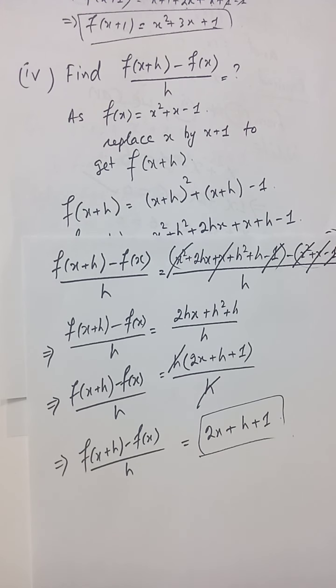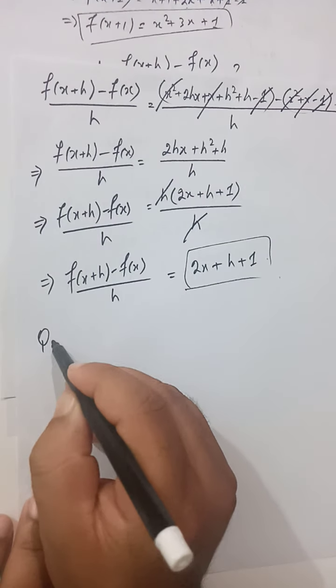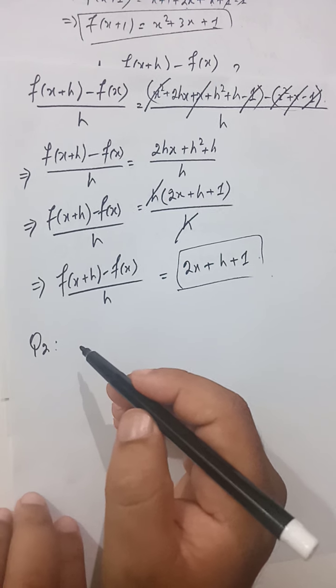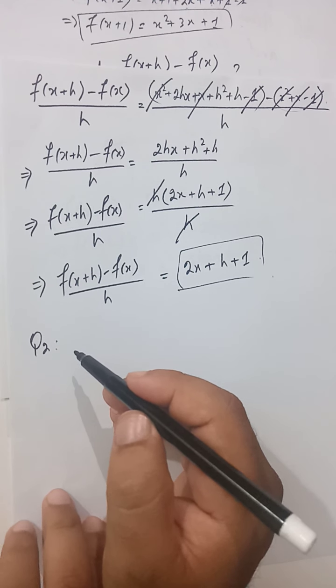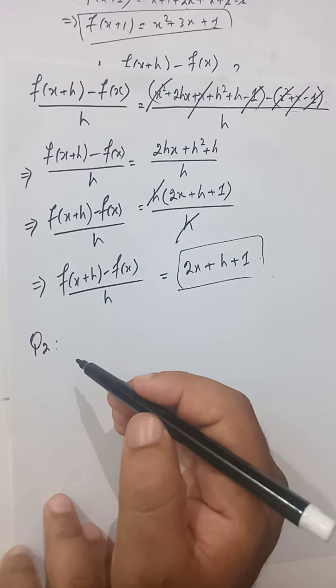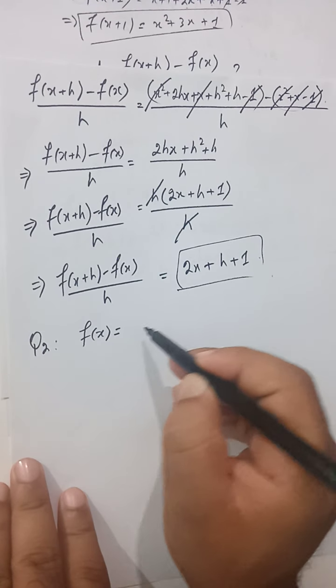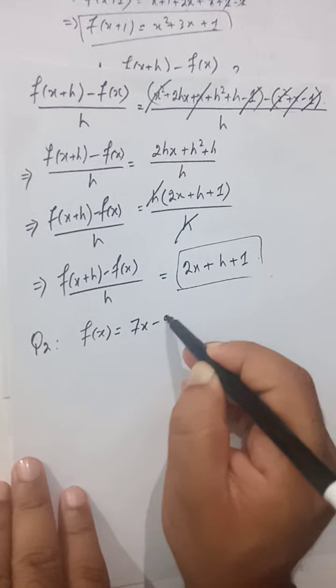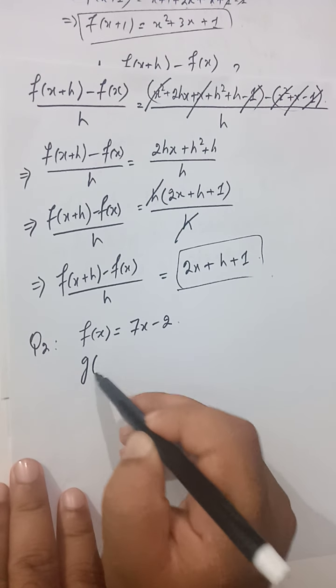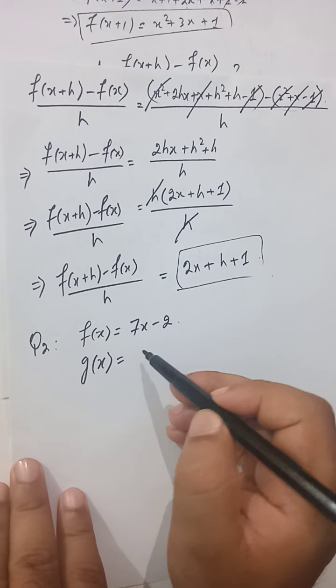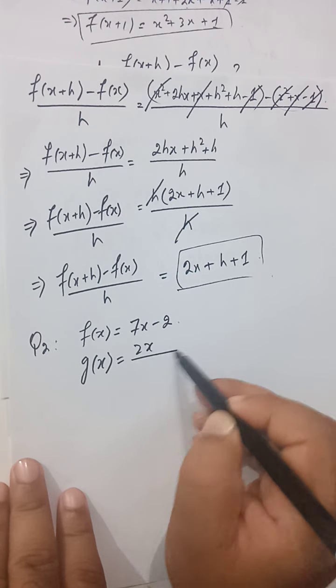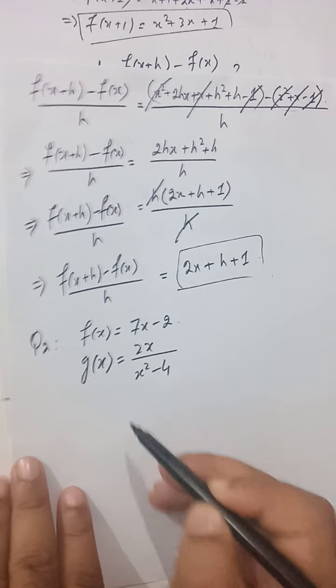Okay, this is question number 1. Now moving towards question number 2. In question number 2, we have 4 functions given. The first function is f of x is equal to 7x minus 2. The second function is g of x, which is 2x divided by x square minus 4.